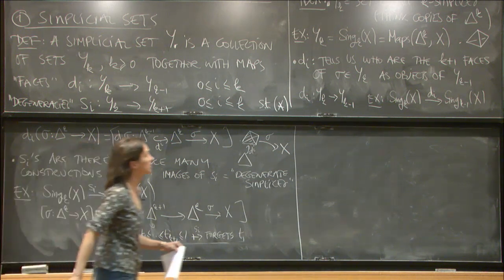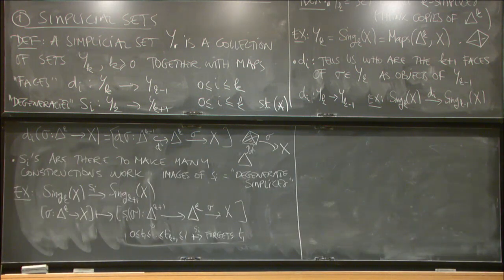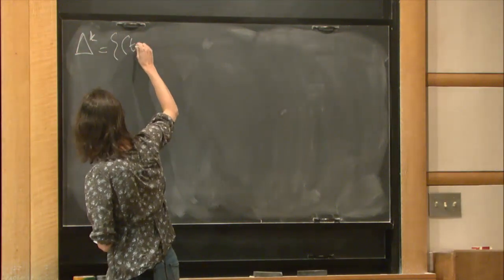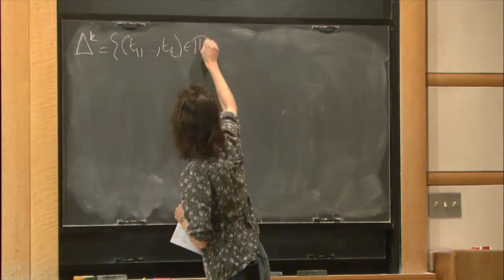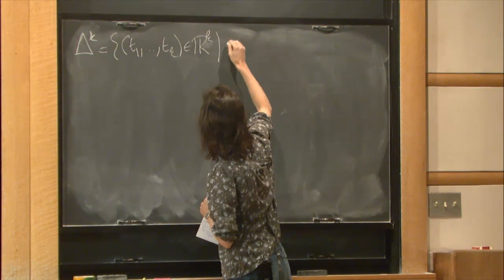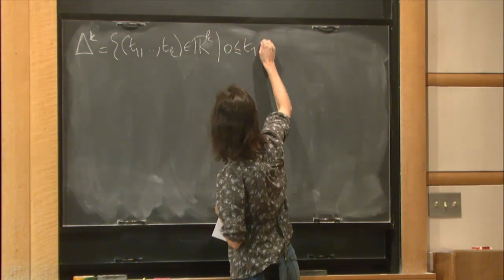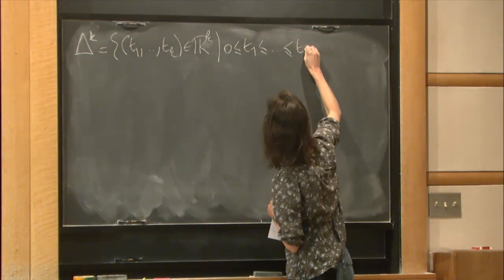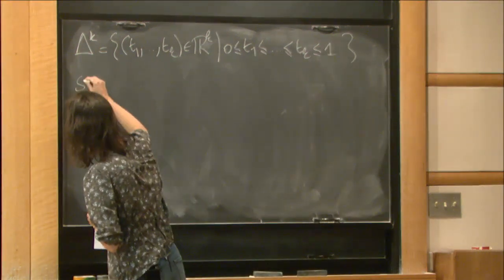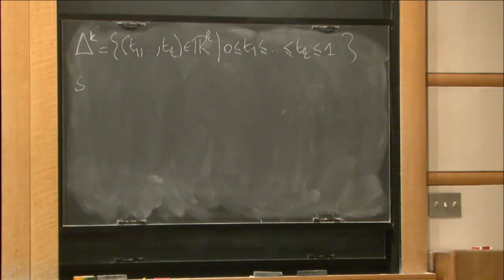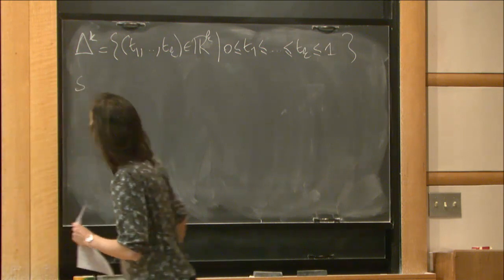So delta k was the subset of R^k of (t_1, ..., t_k) such that 0 ≤ t_1 ≤ ... ≤ t_k ≤ 1.